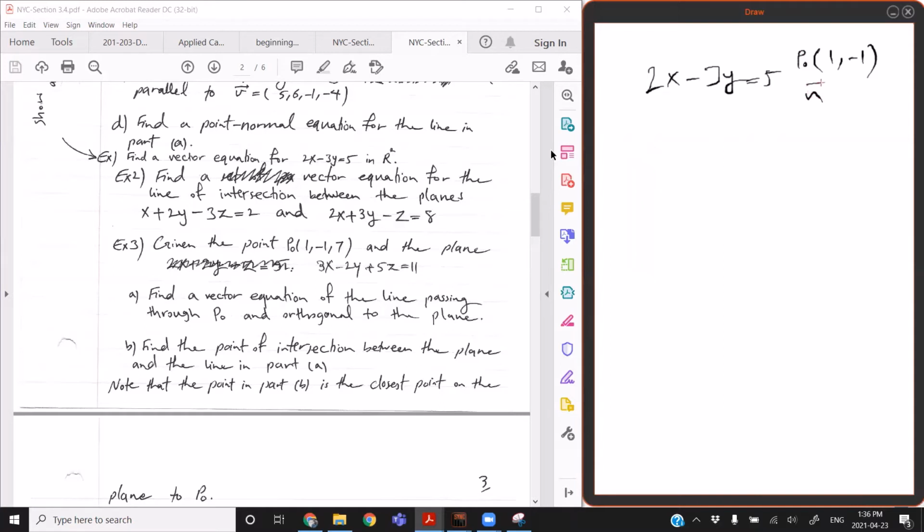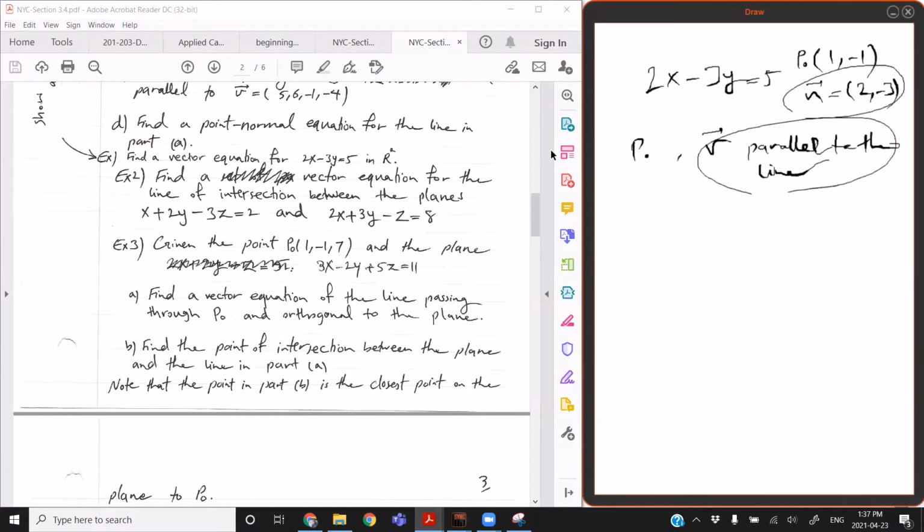And I can see the normal vector is 2, minus 3. So in order to write the vector equation, I need P0 and I need V, which is parallel to the line. I have a vector that is orthogonal to the line. I am looking for a vector that's parallel to the line.